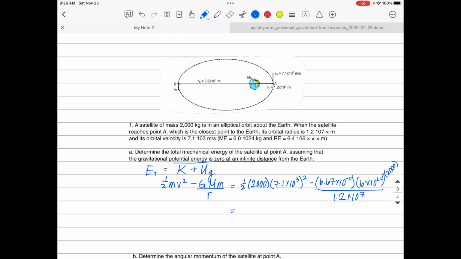To break it down, you should get 5.04 times 10 to the 10 minus 6.67 times 10 to the 10th power, and your final answer is negative 1.63 times 10 to the 10 joules, because we are talking about total energy.